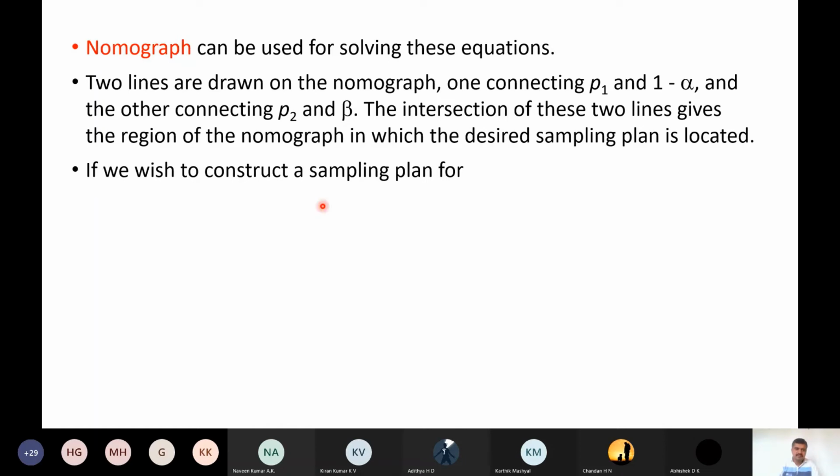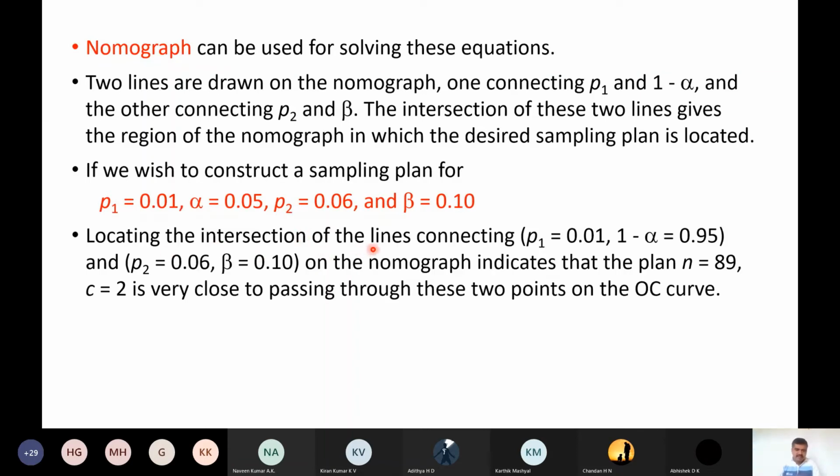If you wish to construct a sampling plan for these values, you know P1, alpha, P2, beta values. 1 minus alpha is the probability of acceptance, beta itself is the probability of acceptance, P1 is lot fraction defective, P2 is also lot fraction defective.